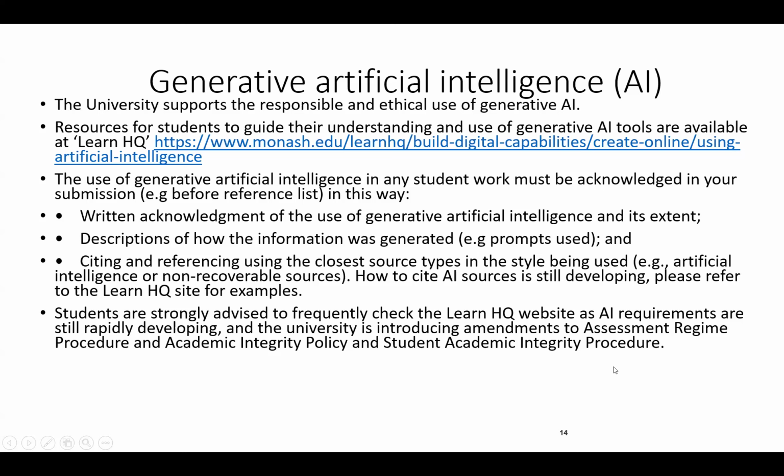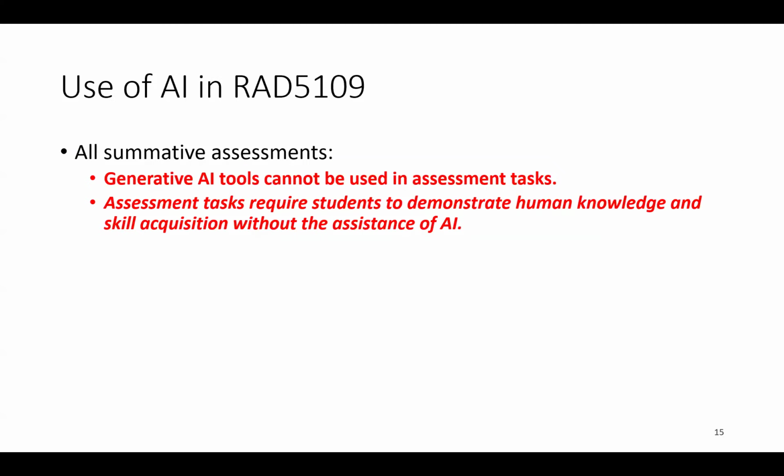So you can have a look there at what's expected, how you cite AI sources, and so forth. But having said all of that, for this unit, we expect you to demonstrate your knowledge, not computer-generated knowledge, and also the skills that you acquire through the course without the assistance of AI. So therefore, AI is not allowed in any of the assessment tasks.